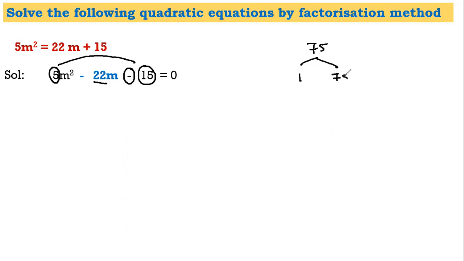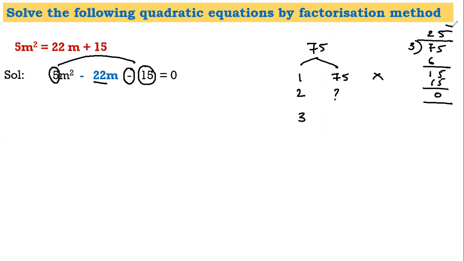1 into 75 is 75. Now since last number sign is minus, we will subtract 75 minus 1 and it will not give us 22. After 1 it is 2. 75 is not divisible by 2. And then that is 3. Now if you divide 75 by 3, 3 twos are 6, 15, 3 fives are 15.